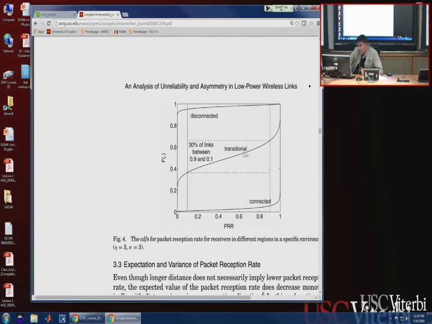But in fact, what you see has a sort of sinusoidal shape, which means that, for example, about 30-some% of the links in the transitional region have very poor quality, close to 0. About 25 or 30% of them have very high quality links. And in between, about 30% of the links in this picture have a PRR between 0.1 and 0.9. So it's bimodal in that sense.